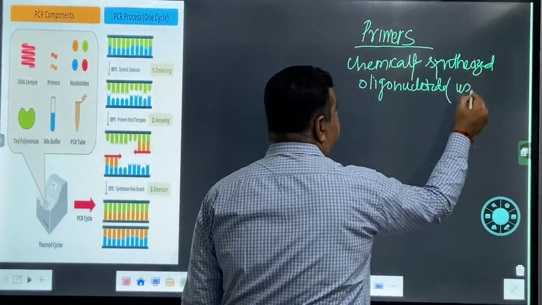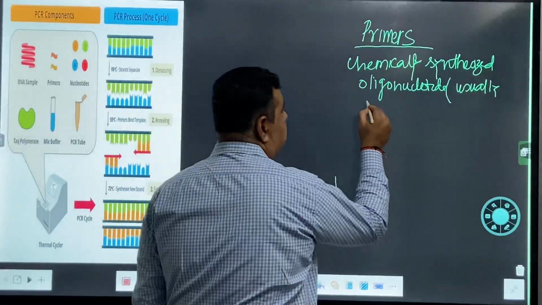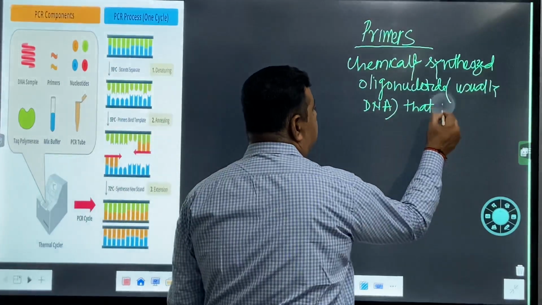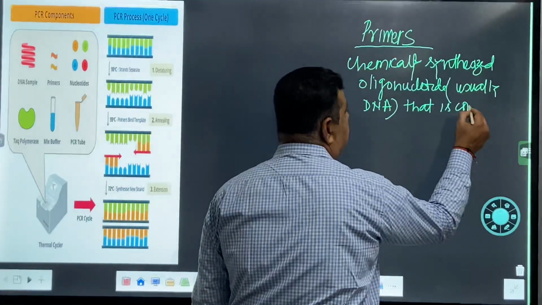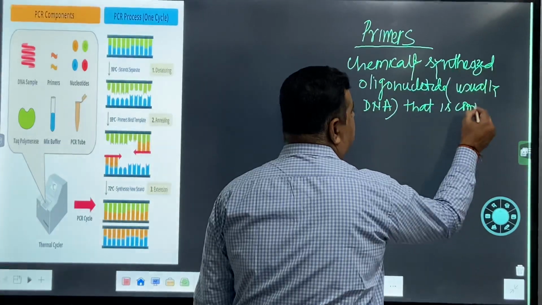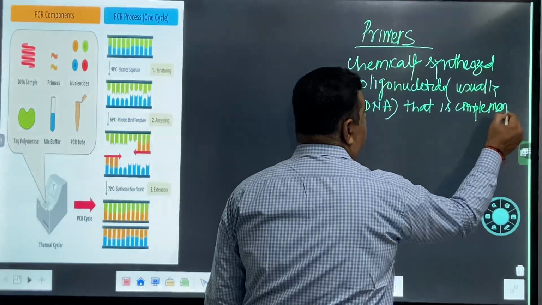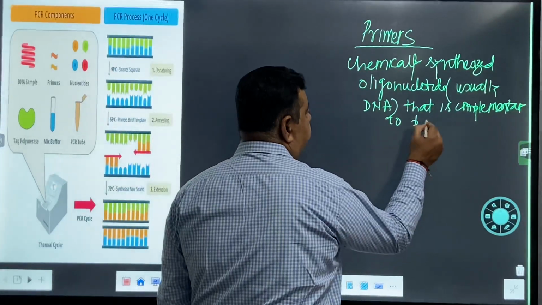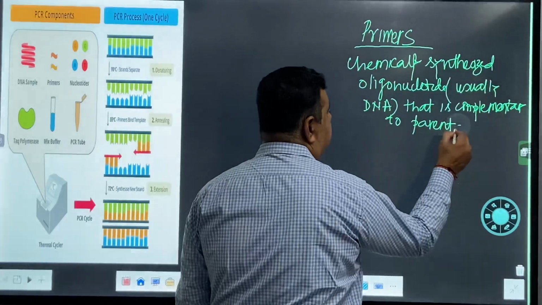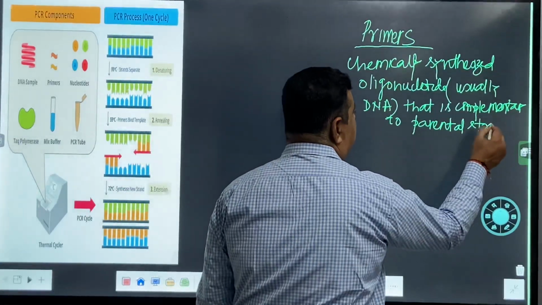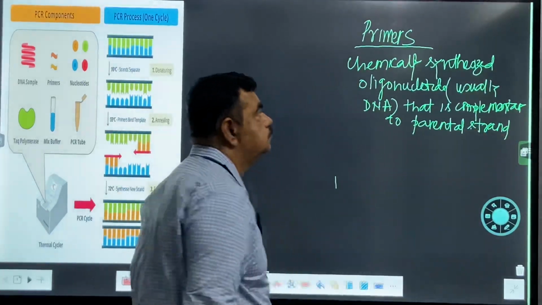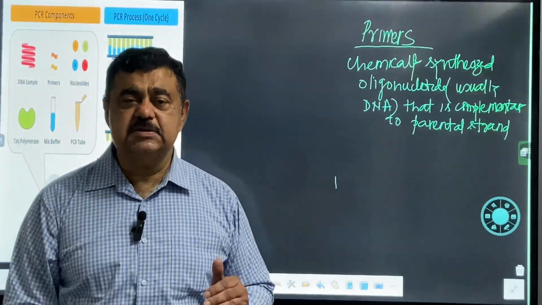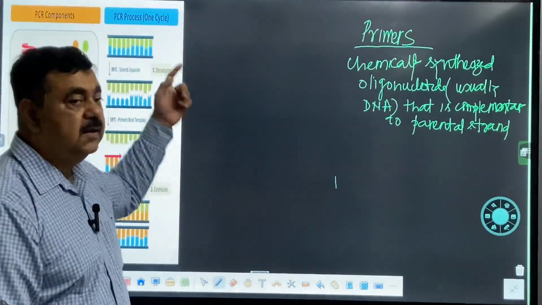Usually it is a DNA that is complementary to the parental strand. कहने का मतलब है प्राइमर एक शॉर्ट चेन ऑफ डीएनए है और उसके न्यूक्लियोटाइड्स पेरेंटल डीएनए के कॉम्प्लीमेंट्री होते हैं.